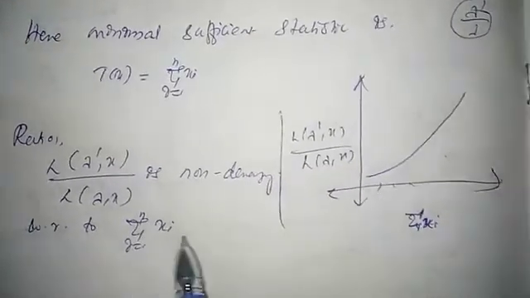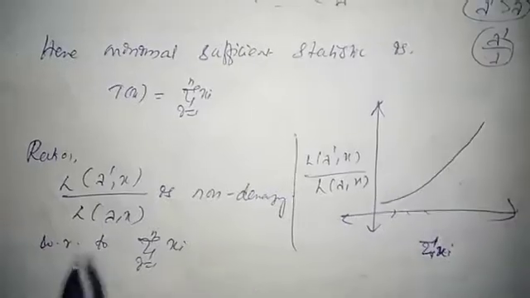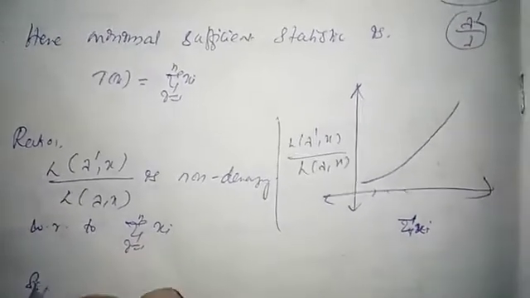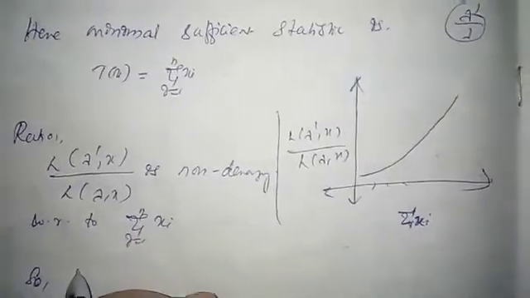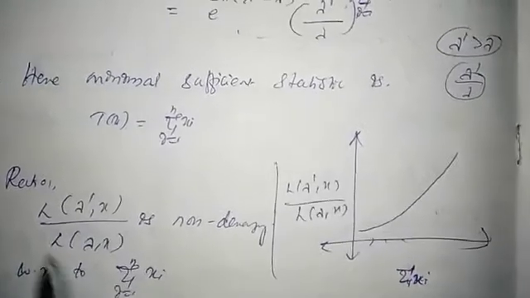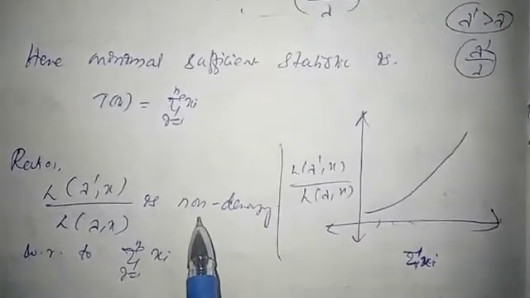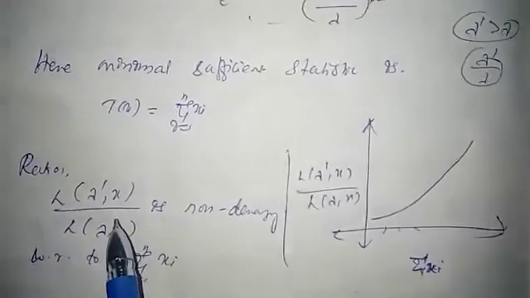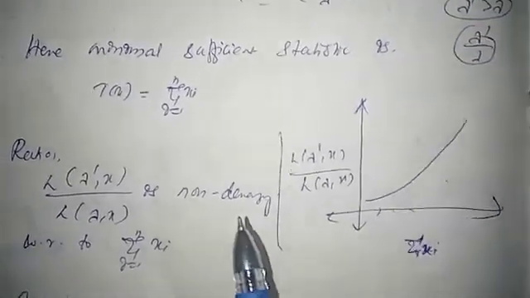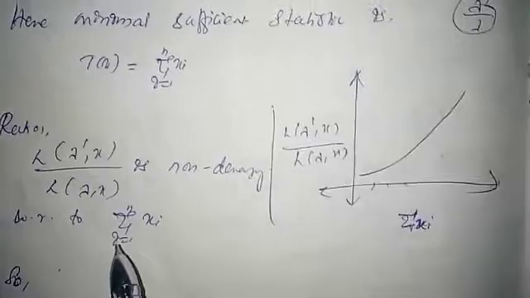So we can say that the ratio is a monotone increasing function. Then the given distribution possesses MLR property with respect to summation xi.